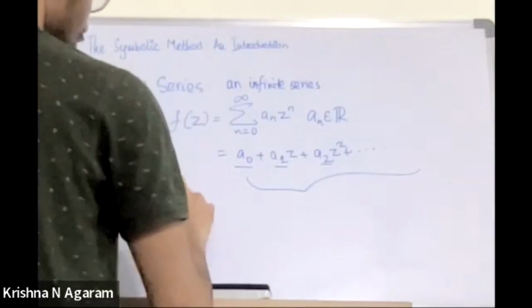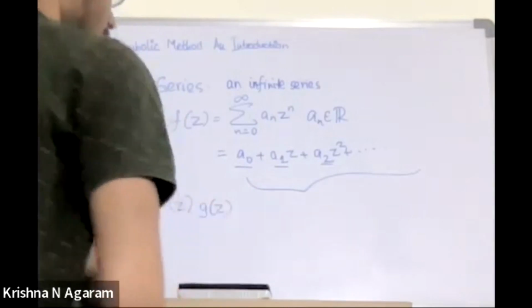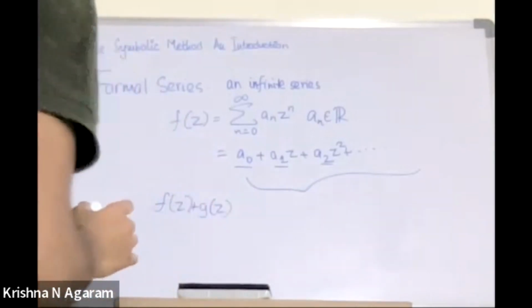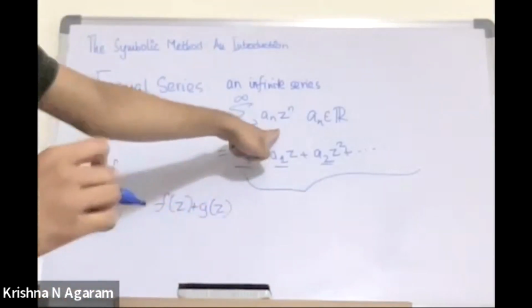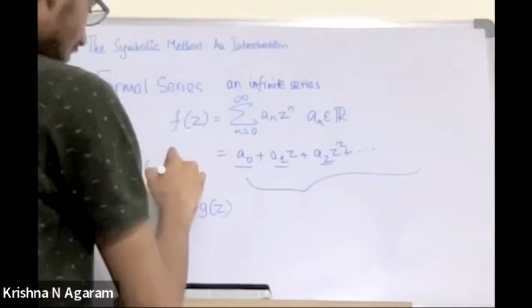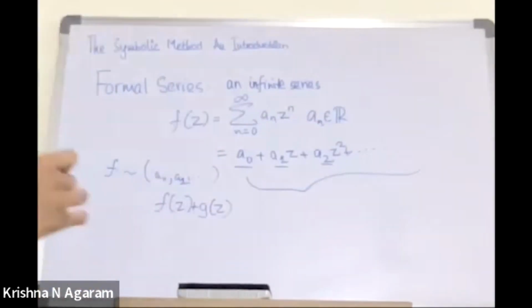Addition and multiplication of formal series. Addition is quite simple. f of z, this particular expression, is the same or very similar to this sequence, and you can exactly see that.